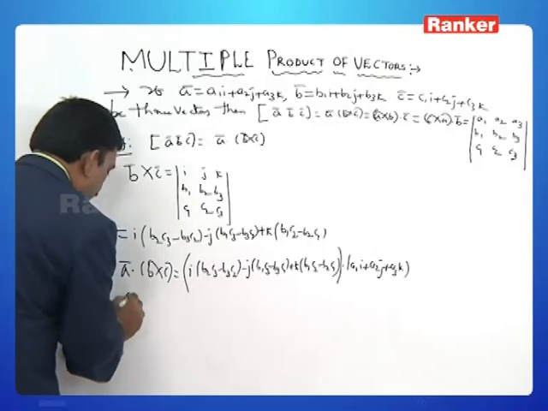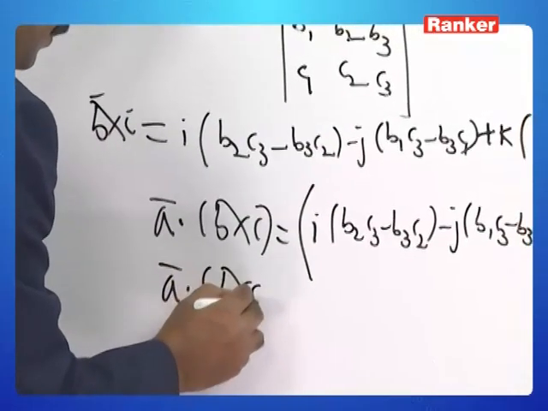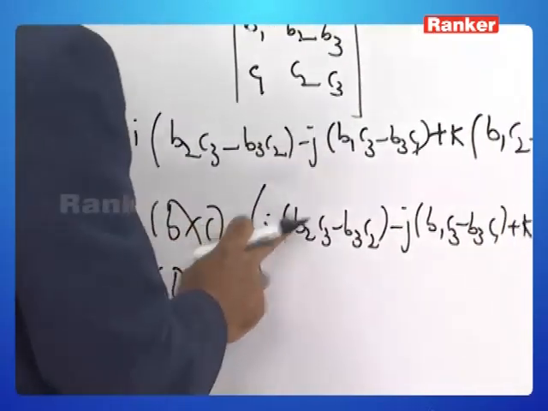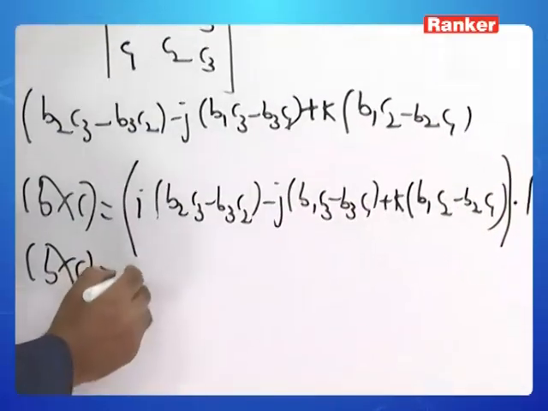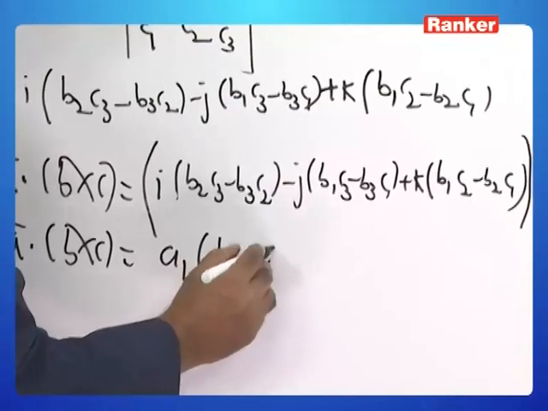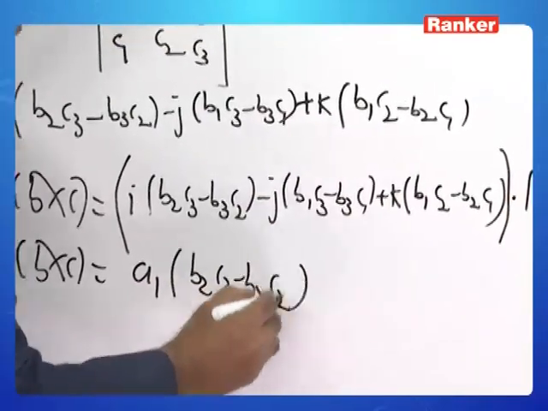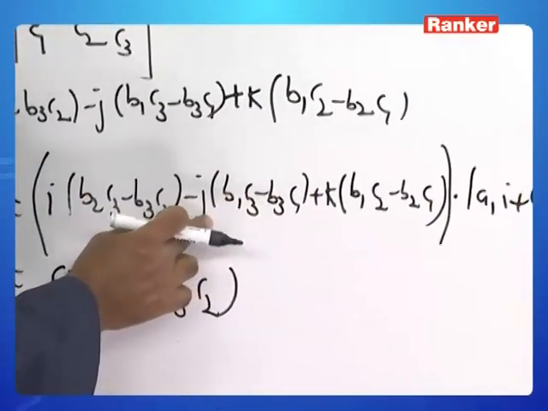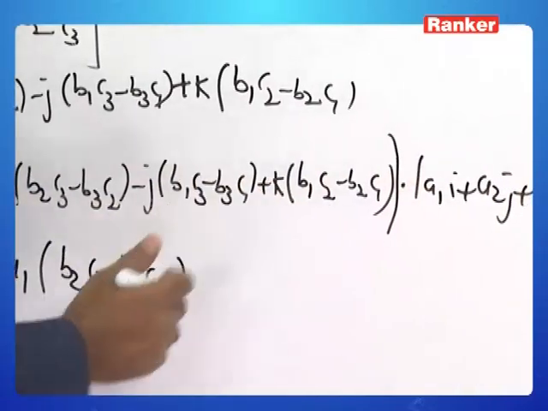I can write A dot of B cross C is equal to i dot i, A1 into (B2 C3 minus B3 C2). This with i dot j is 0, this with i dot k is 0.